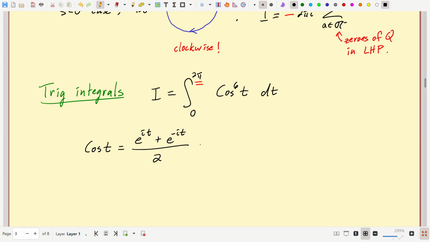And you see that e to the it and you think, ha, unit circle. I feel like I'm parametrizing the unit circle. And in fact, e to the minus it is 1 over e to the it. And if I'm writing z, that looks like z plus 1 over z over 2.